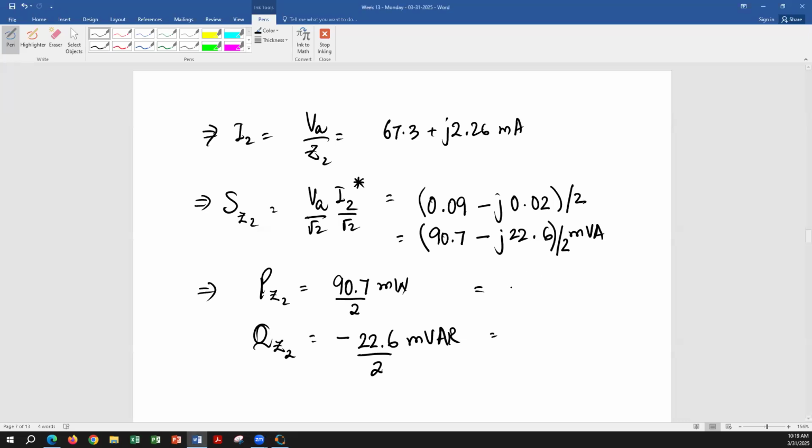45.3 milliwatt and negative 11.3 millivolt ampere reactive.